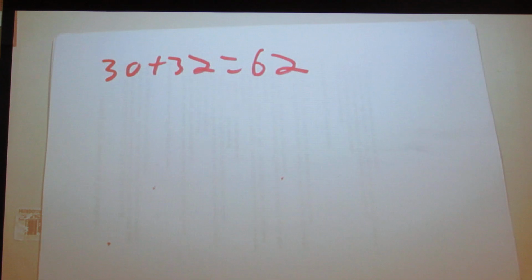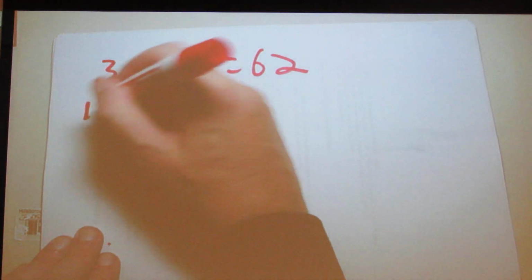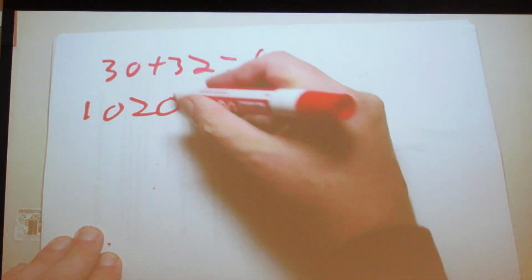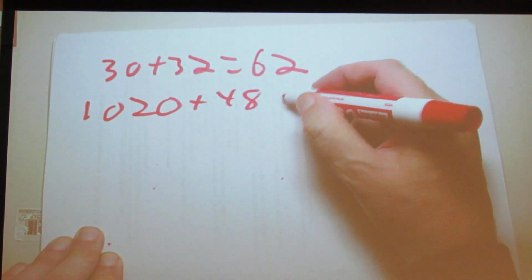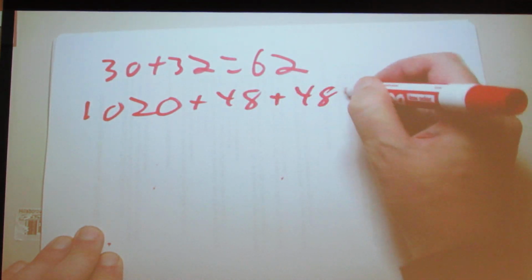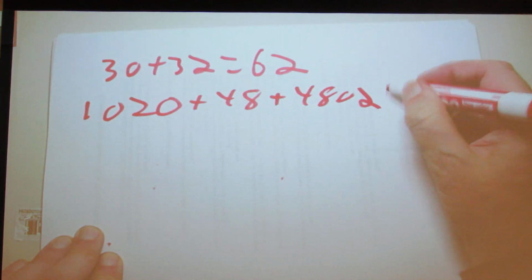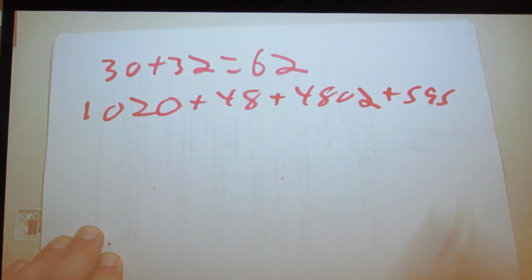Next, you'll add up four numbers. So let's say 1020 plus 48 plus 4802 plus 595. Easiest way to do this is just to put them in a column.